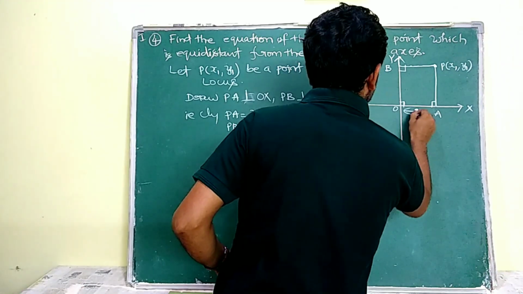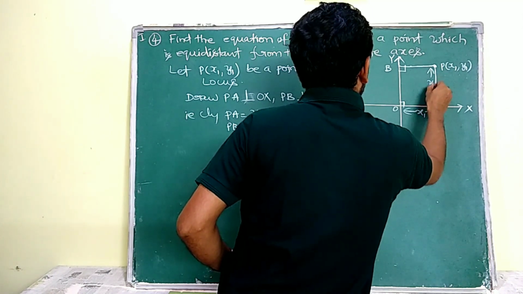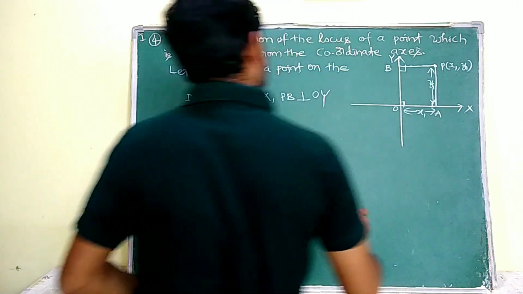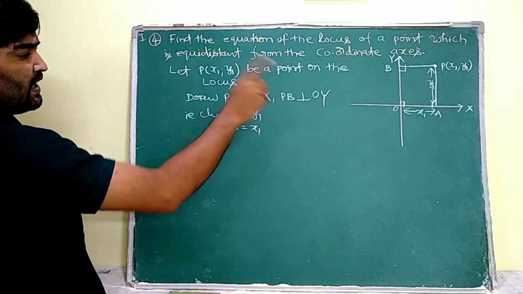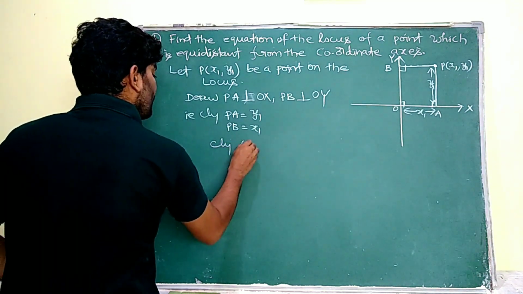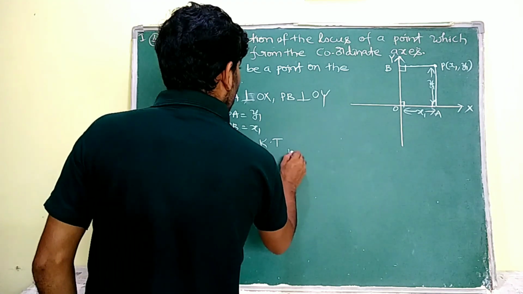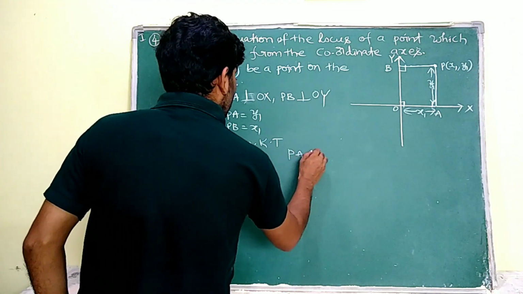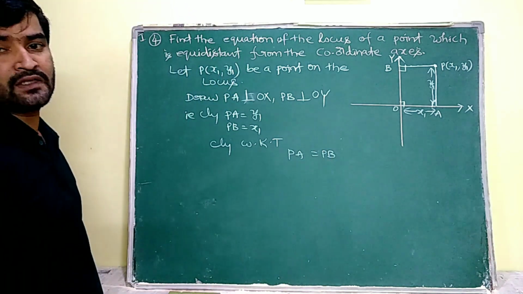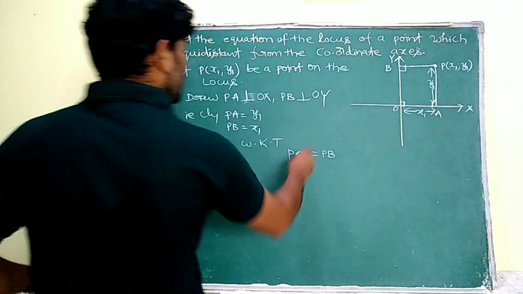That means this is x1 and this is y1. So the geometrical condition he mentioned: the distances from that point to the coordinate axes are the same. So PA is equal to PB.